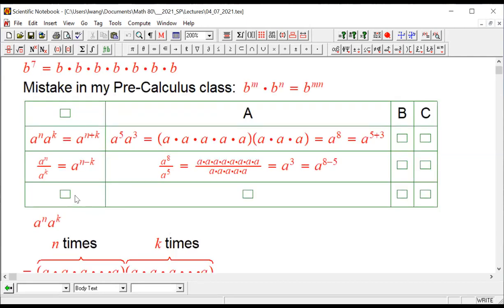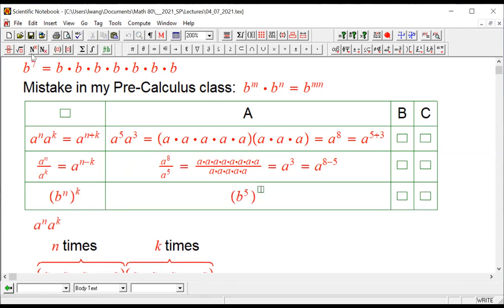The fourth row, which is b to the power of n, and then raised to the power of k. We have layers of exponents. The example we have here on column A is b raised to the power of 5, inside the parentheses.